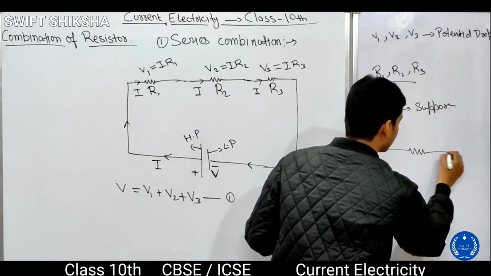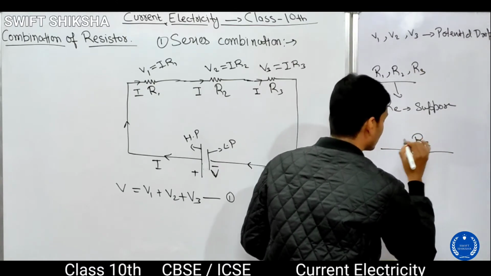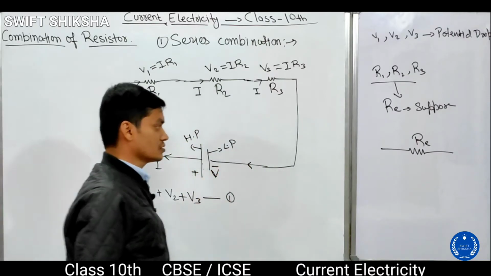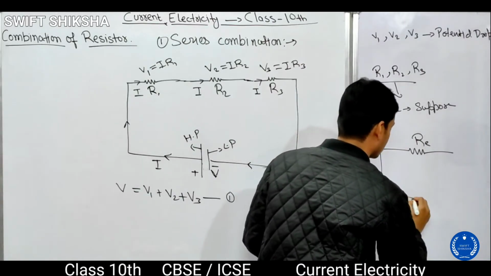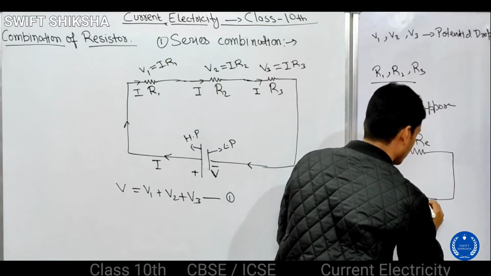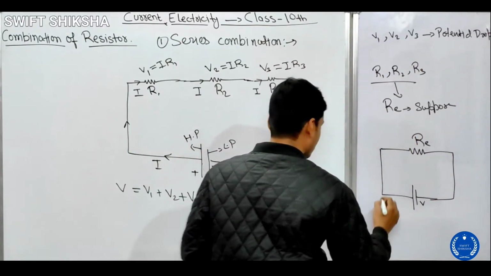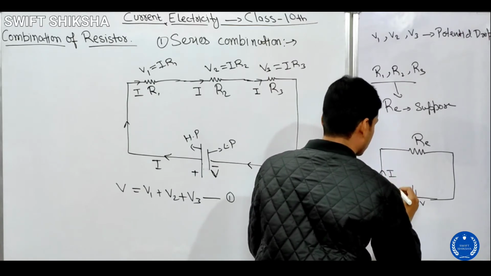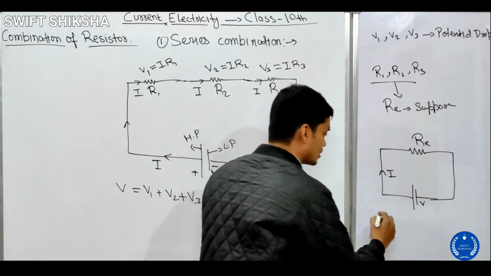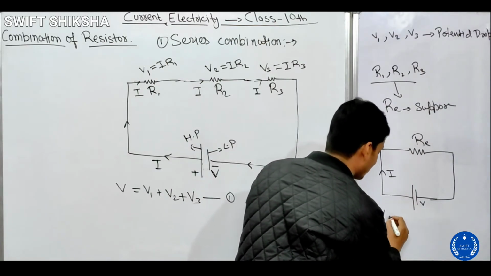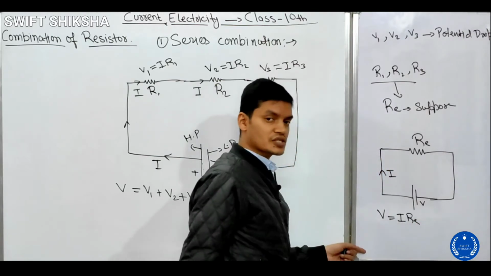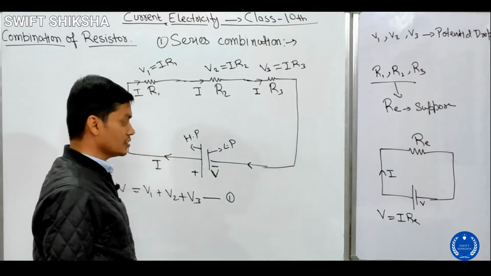R1, R2, R3 is equal to RE, the equivalent resistance. Now here you provide potential V, and current I is flowing in this circuit diagram. Then write down the equation of this circuit diagram. What is the equation? V is equal to I RE. Clear?